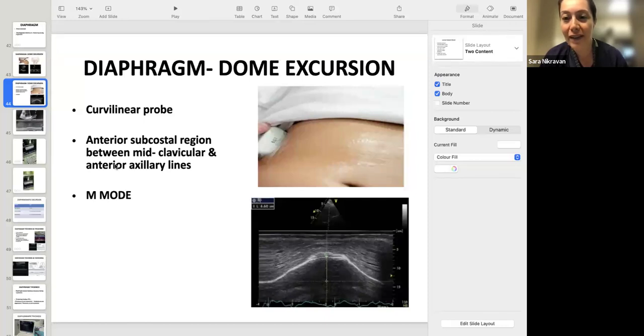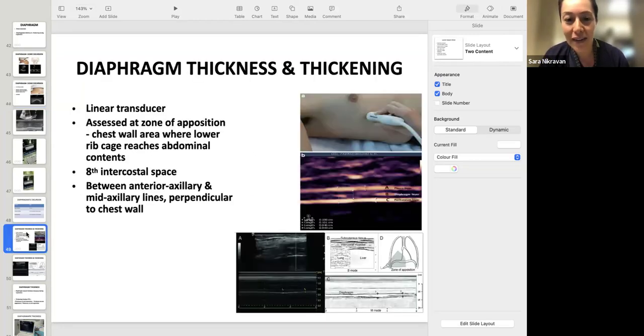So if you put the probe, I don't know if you can go to that slide, Kapil, where you were showing the zone of apposition in your lecture. But I think sliding to make sure you see the liver and then you're kind of above, looking way above that area, that may be helpful.